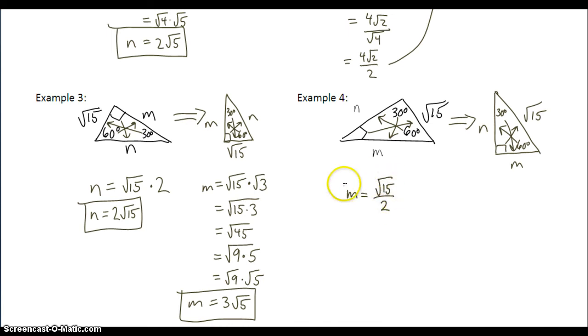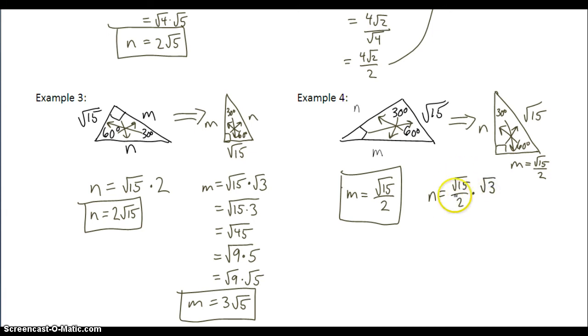Now at this point, I can't simplify anymore. M is just the square root of 15 over 2. Now that I know my shortest side, the square root of 15 divided by 2, to go to my middle side, n, I need to take my shortest side and multiply by the square root of 3.